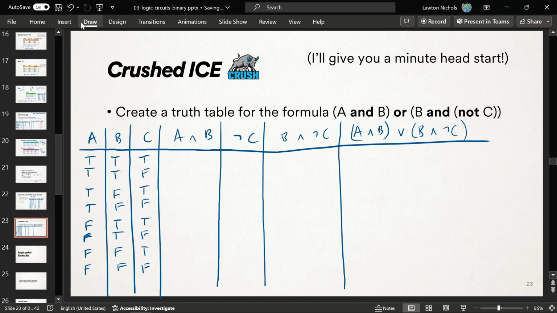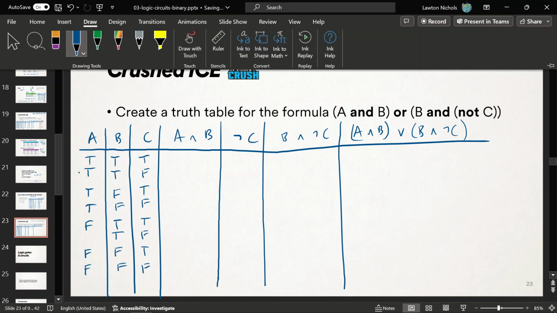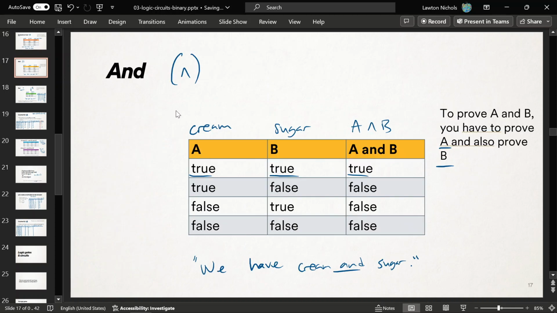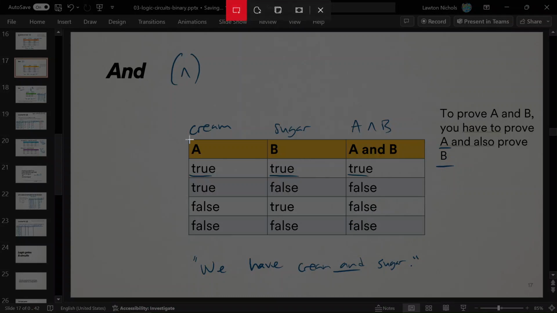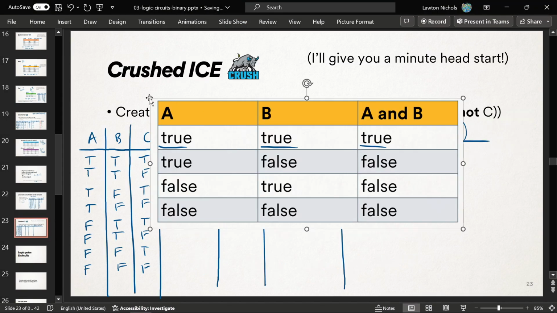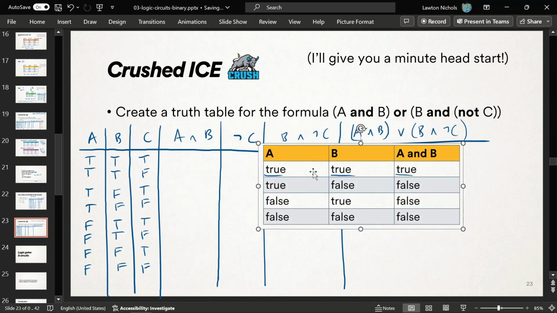Let me erase and try again. And then I'll try to paste those pictures again so that you have them. So here's AND. And PowerPoint is very slow.